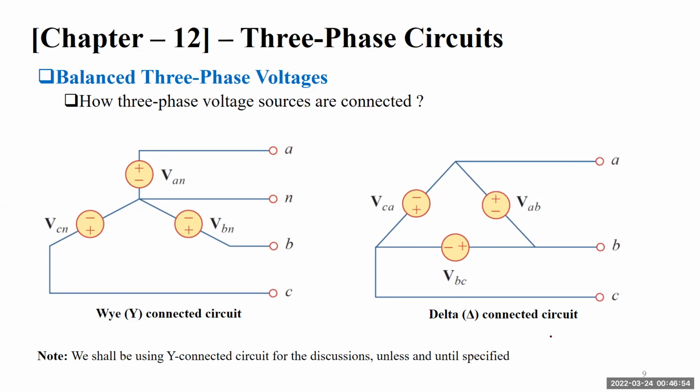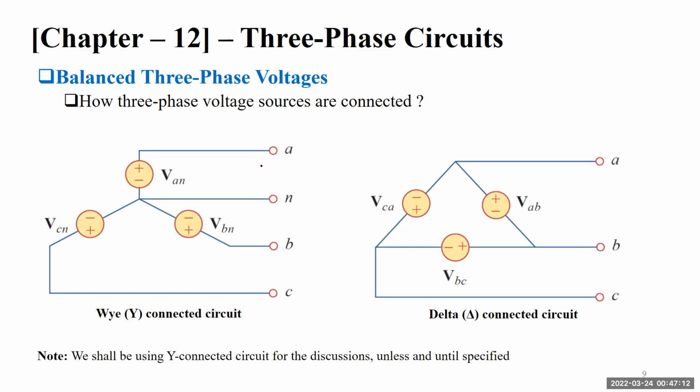Similarly, it can be connected in delta fashion, where you do not have a neutral wire, you have only the voltages between two phases, AB, BC, and AC. So you have three voltages.